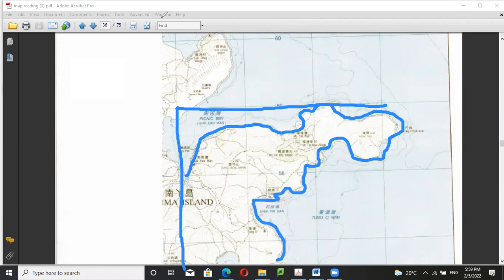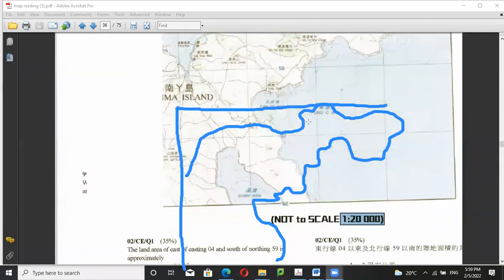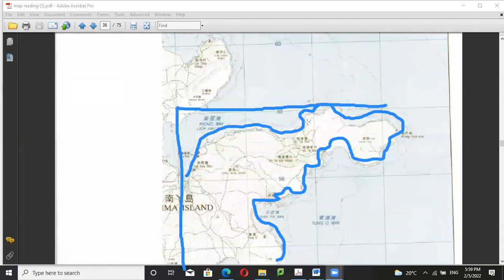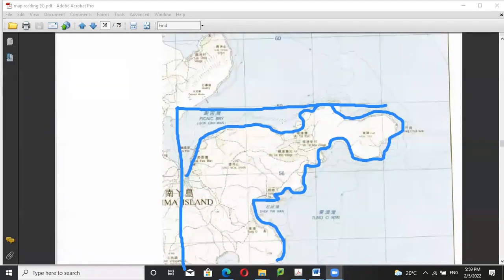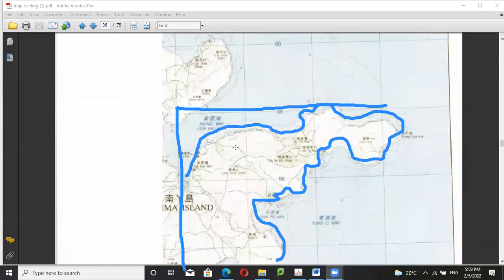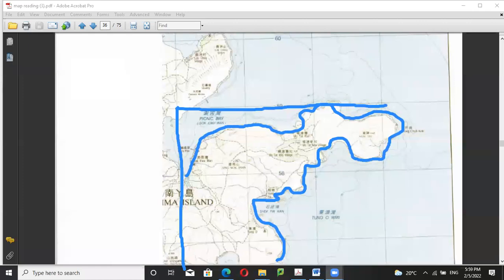Then you have to calculate what it is about. I know it's quite complicated. What should you do? Maybe you can add everything together and find out how many squares they occupy. First of all, this one is already a 1 km square.